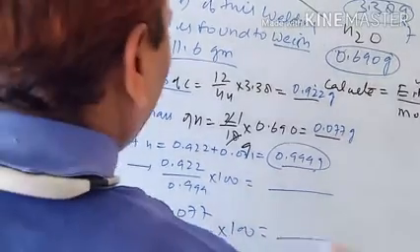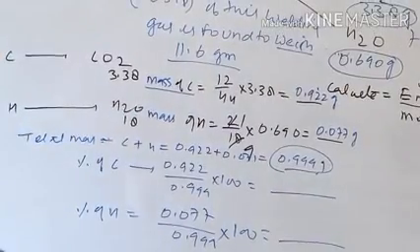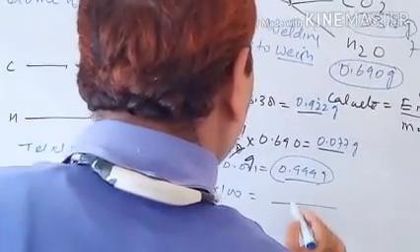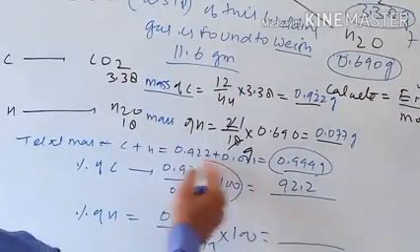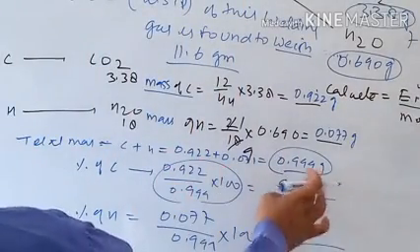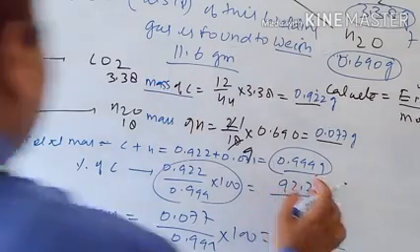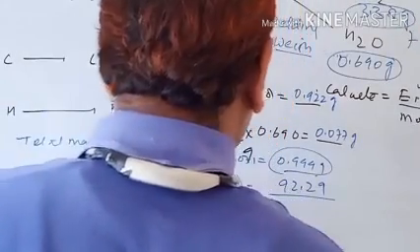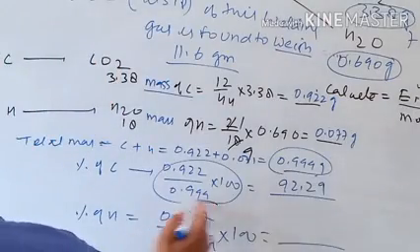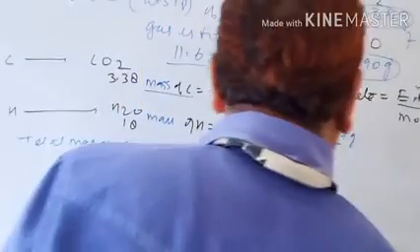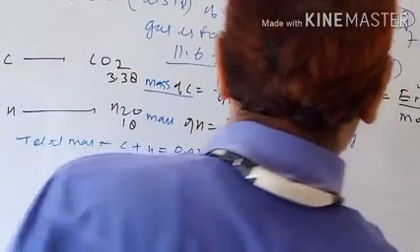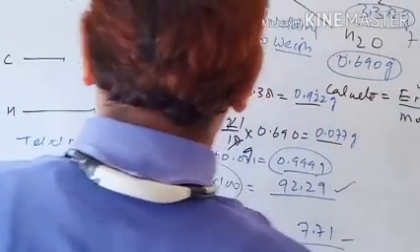It will come 92 point something, very close to 92.29, and when you calculate the other, this value will come 7.71%. So we have got this percentage.